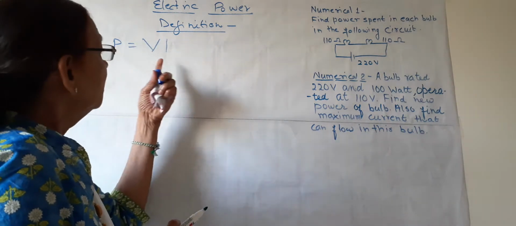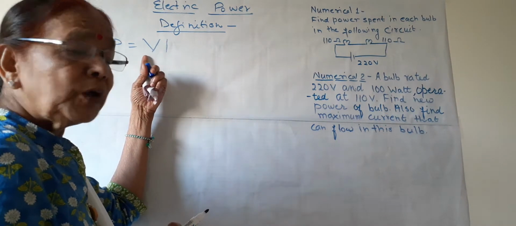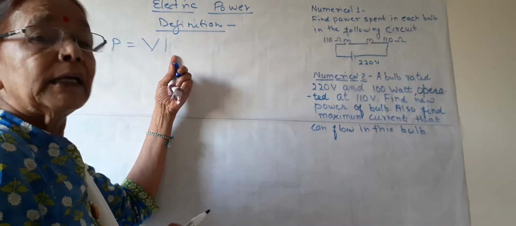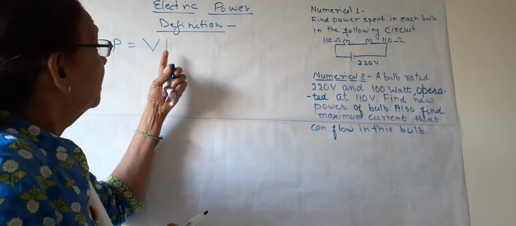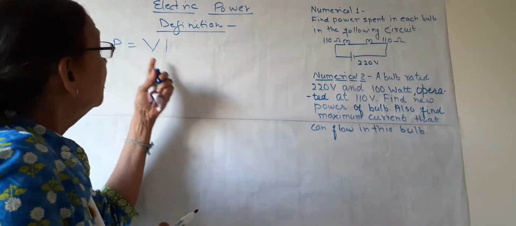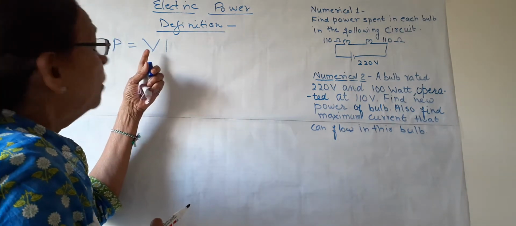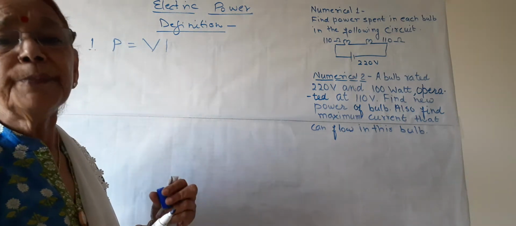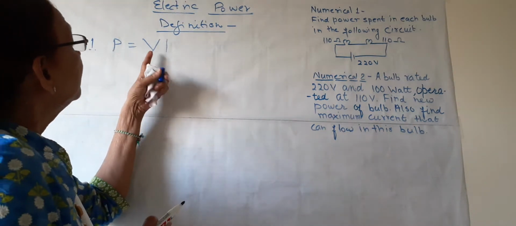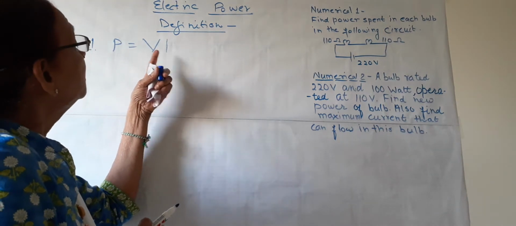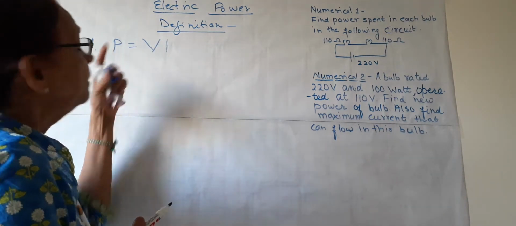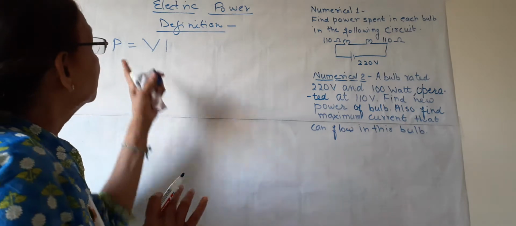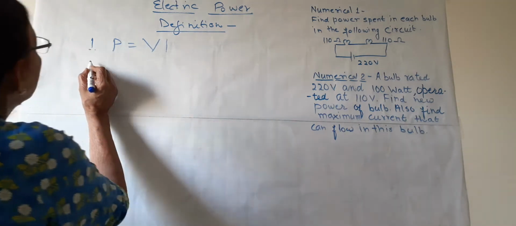P is power, V is potential difference or voltage, and I is the total current in the circuit. V is in volt, I is in ampere, and P is in watt. This is the first formula, very important.